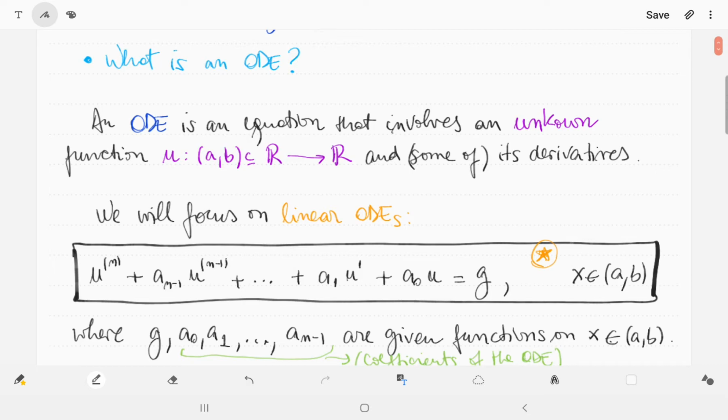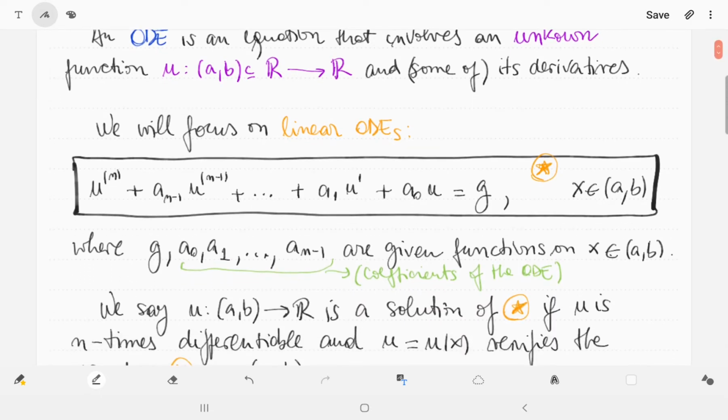So in this course, we will focus only on linear ordinary differential equations, and those have this form. We have this unknown function u and some derivatives of this function. The first derivative, the second, until the nth derivative of the function u.